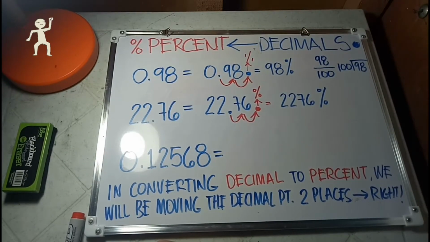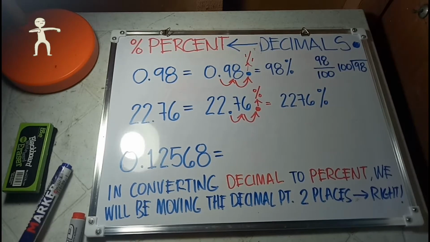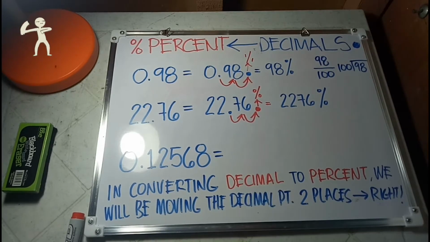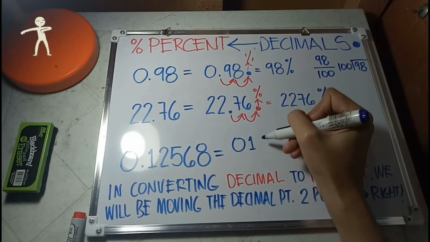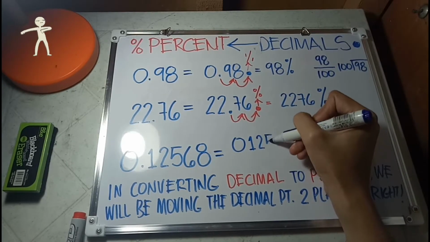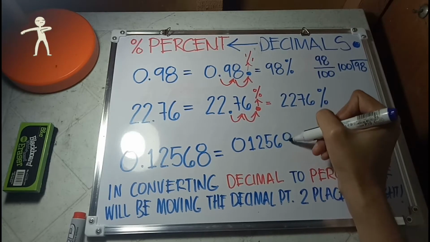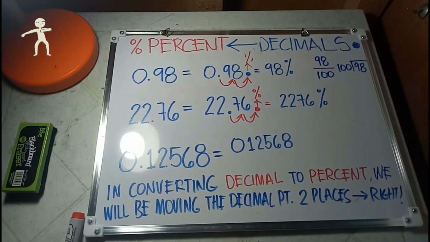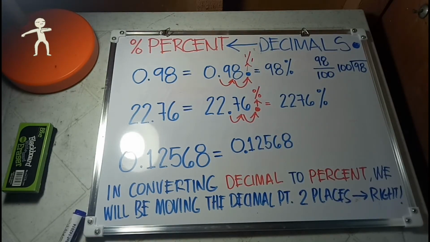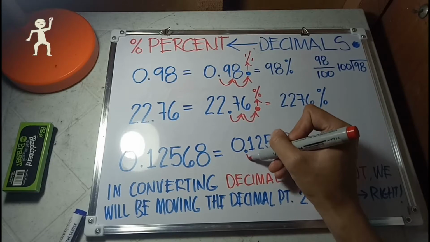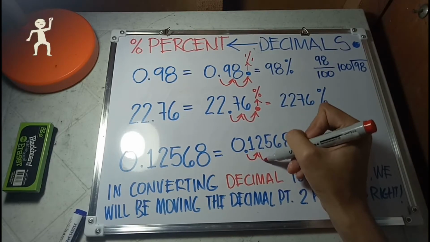Ganun lang po. So in our final problem, we have 0.12568. So ganun pa rin yung process. I will just rewrite the numbers. 2568. So we have the decimal point here. We will be moving this 2 places to the right.